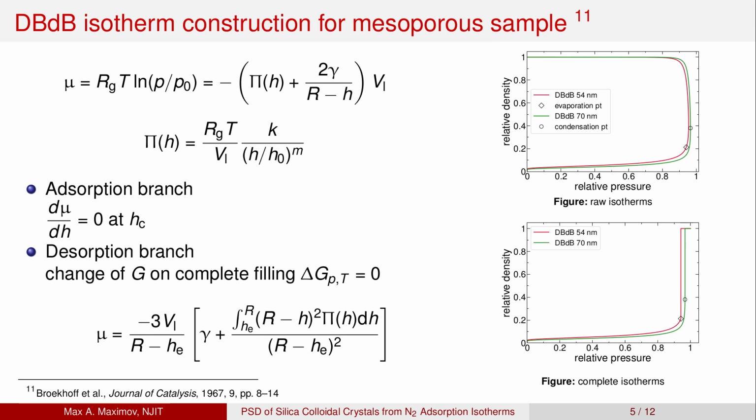For the desorption branch, we proceed with a similar logic, but we set the condition of zero change of the Gibbs free energy on the complete filling. This way, you would transit from the raw model isotherms to the final ones, and you are now ready to build your own kernel isotherms.